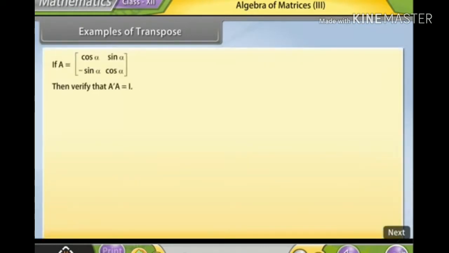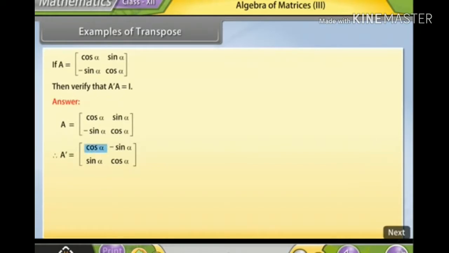Examples of transpose. If A is given, then verify that the transpose of matrix A times matrix A is the identity matrix. A is given. Therefore, its transpose A dash is the matrix row-wise: first row cos alpha, minus sin alpha, second row sin alpha, cos alpha.